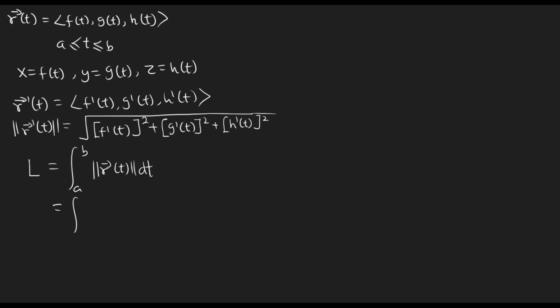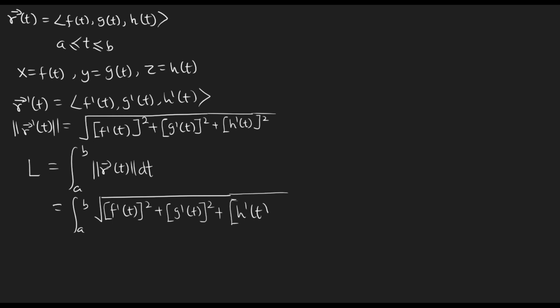So I have the integral from a to b of the square root of f prime of t squared plus g prime of t squared plus h prime of t squared. This is the expression to determine the arc length of a vector function defining a curve. We can do the same for the three-dimensional case.